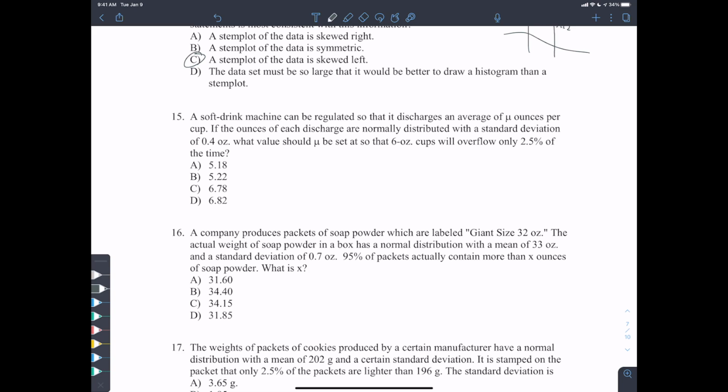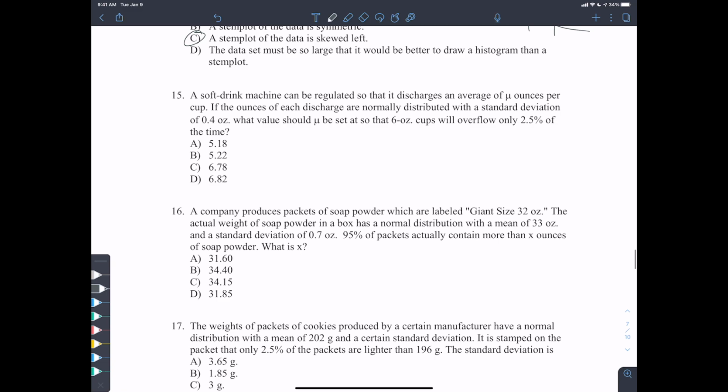So basically, I think what it is asking is, if you have a distribution here that looks like this, right? And you want the cups to be set so that at 6, so you have to use the z formula for this.